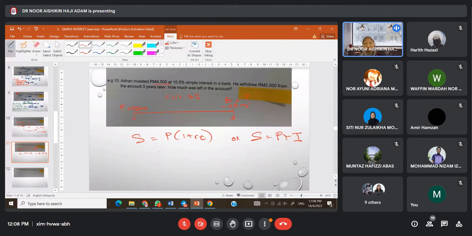So that's what I'm going to use, the first formula. But it's not wrong if you find I first, add that to P in order to find S. Not wrong at all, full marks, if everything is correct. Okay, so what do you get for S, class?